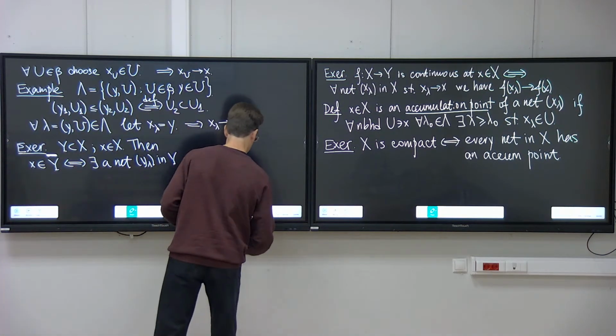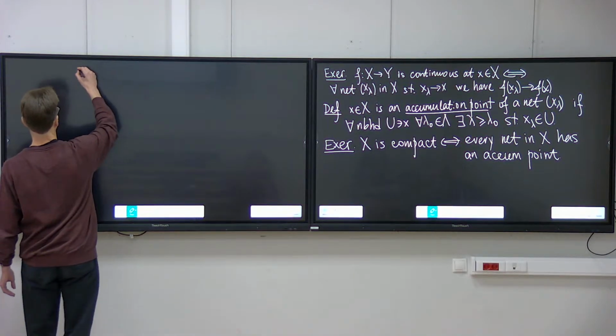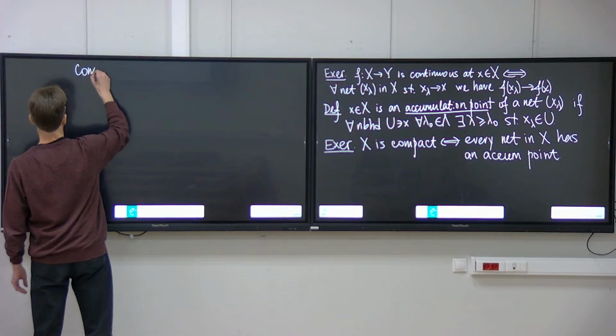Okay, let's now introduce completeness for topological vector spaces.